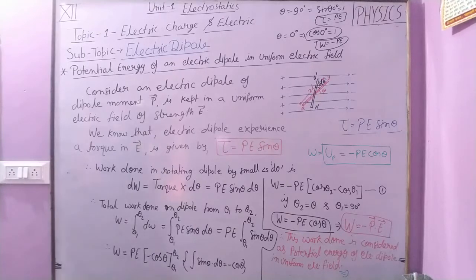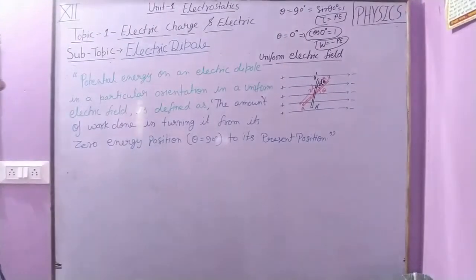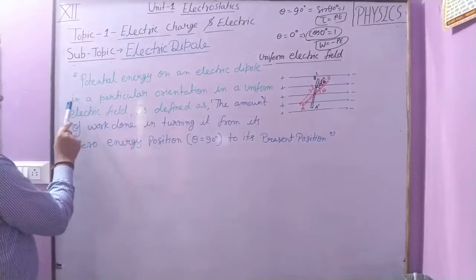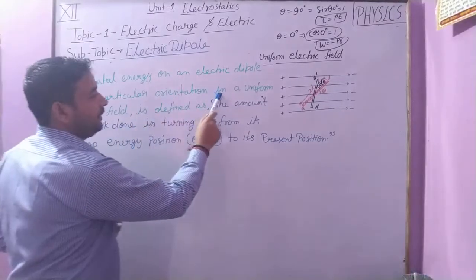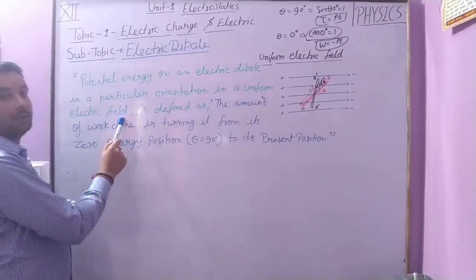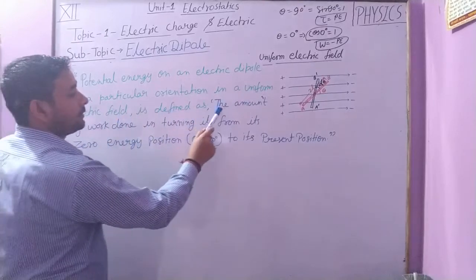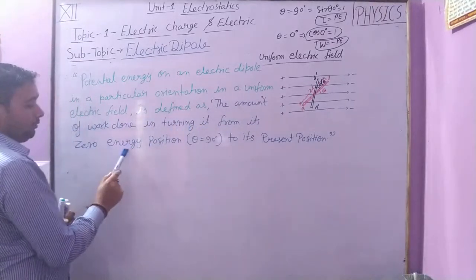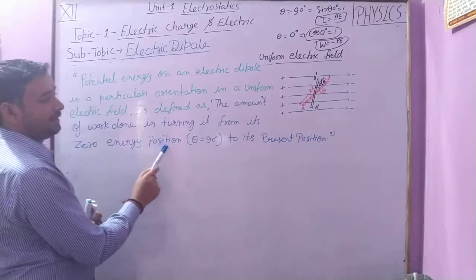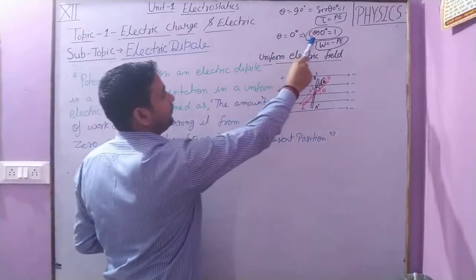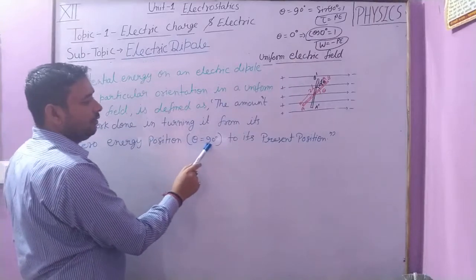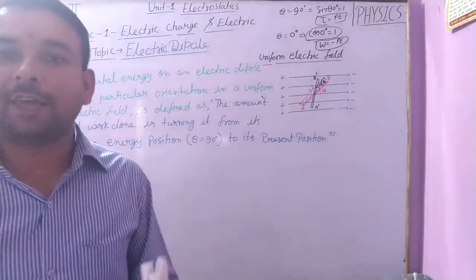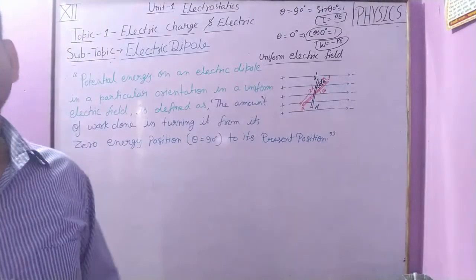Now students, we can define the potential energy of an electric dipole in a particular orientation in a uniform electric field as the amount of work done in turning it from its zero energy position, that is theta is equal to 90 degrees, to its present position, where the dipole has some energy.